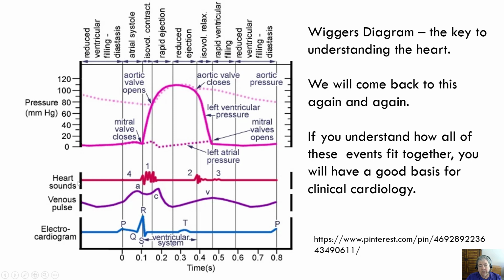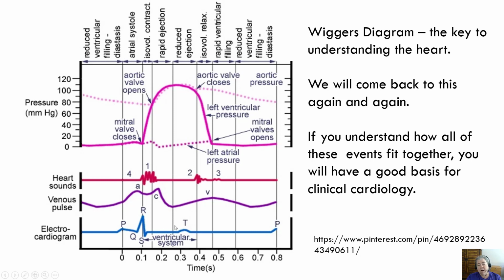Also, on the Wiggers diagram, we have added some other things. One of the things that is added, and again, this axis is time. It's the same time. But we have other events that occur in the heart other than pressure changes. Remember, I said we have electrical changes.